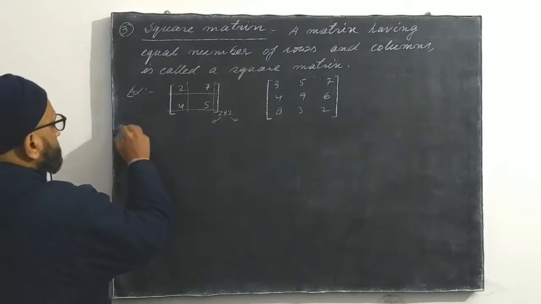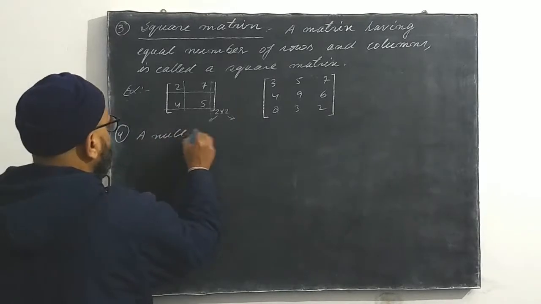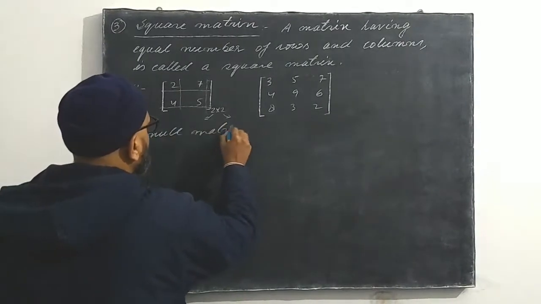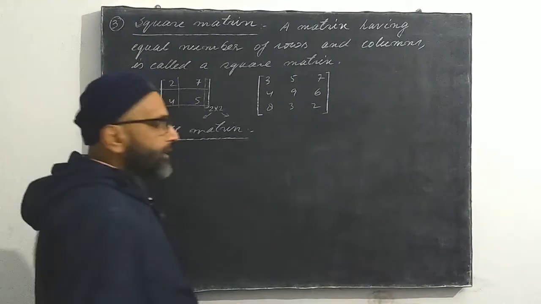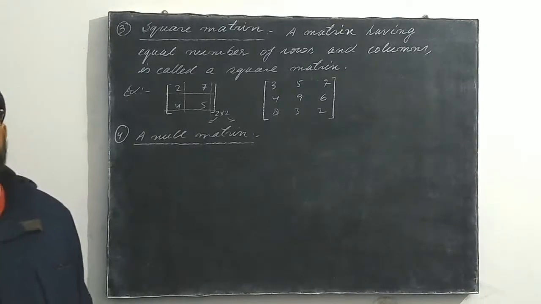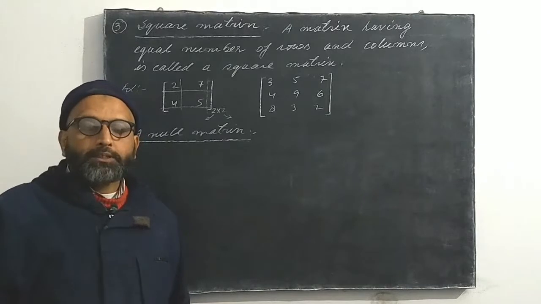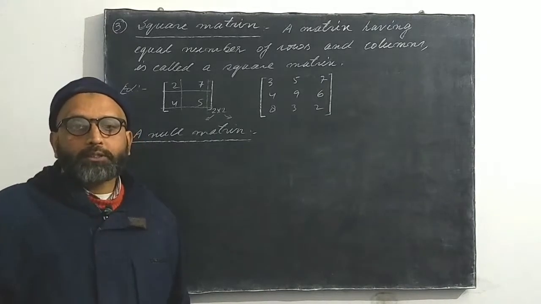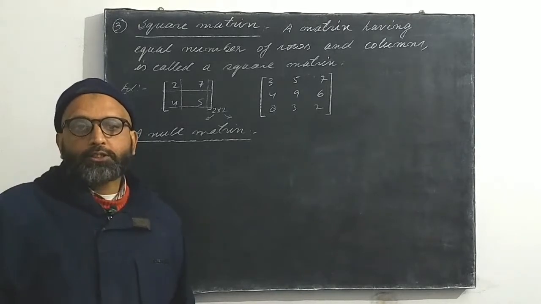The next one is a null matrix. So a null matrix is a square matrix which has only 0 as elements. Means a square matrix is said to be a null matrix if every element of the matrix is 0.